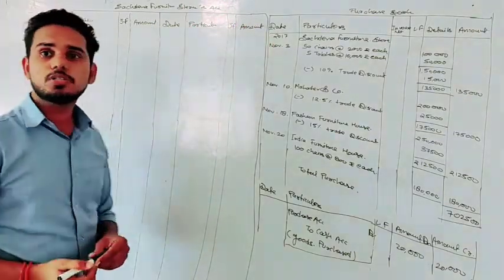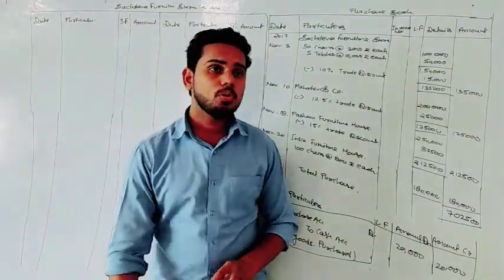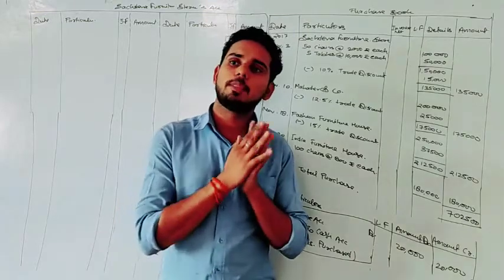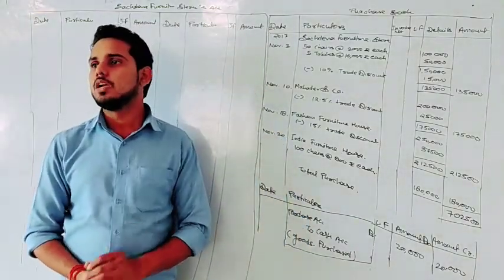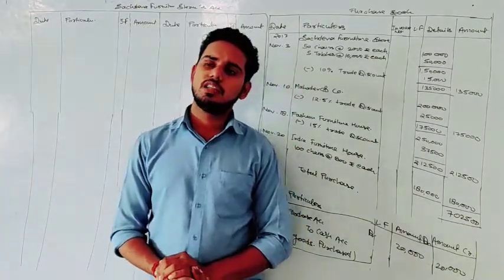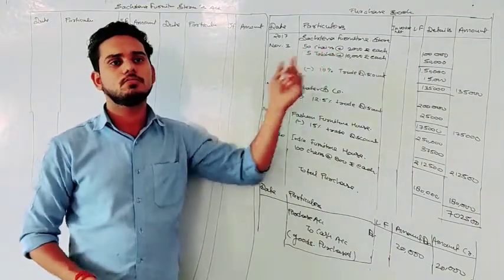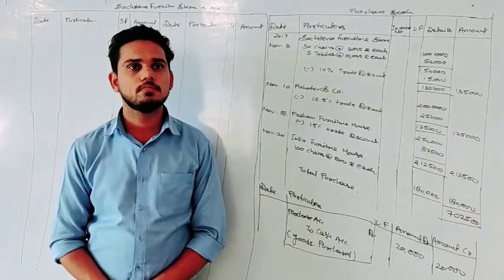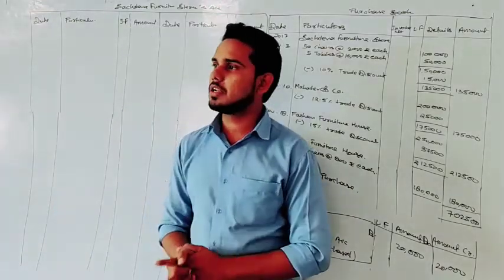So now what is the posting rule? The posting rule is very simple. If you know the posting from a journal entry, you can easily post from this also. Just assume you have not prepared a subsidiary book, then what entry would you pass for this particular transaction? Purchase account debit to Sachdeva Furniture Store.